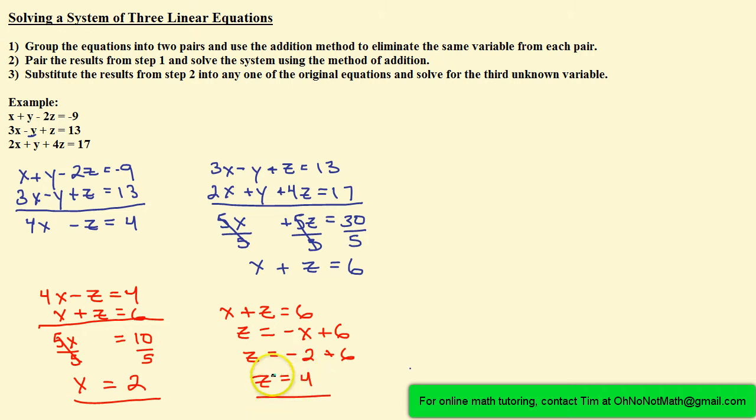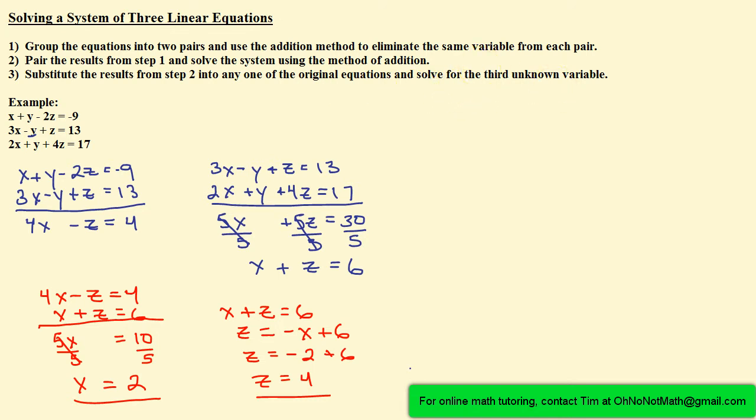Okay, so I've completed step 2. I've solved the system using the method of addition. Okay, so I've got my x equals 2, my z equals 4, so now I need to determine my y variable. So that's step 3. It says substitute the results from step 2 into any one of the original equations and solve for the third unknown variable.